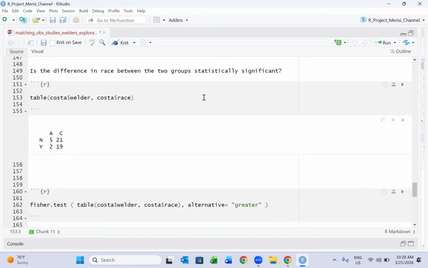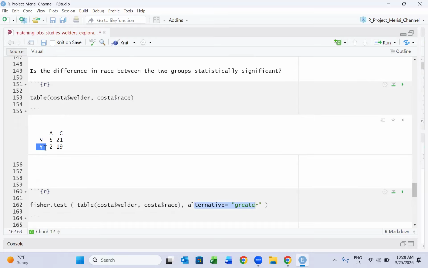Now, when we use alternative greater, the Fisher test checks whether the first column category, okay, here we have two categories in the columns, right? It checks whether the first column category is more prevalent in the first row category than in the second row category, okay?